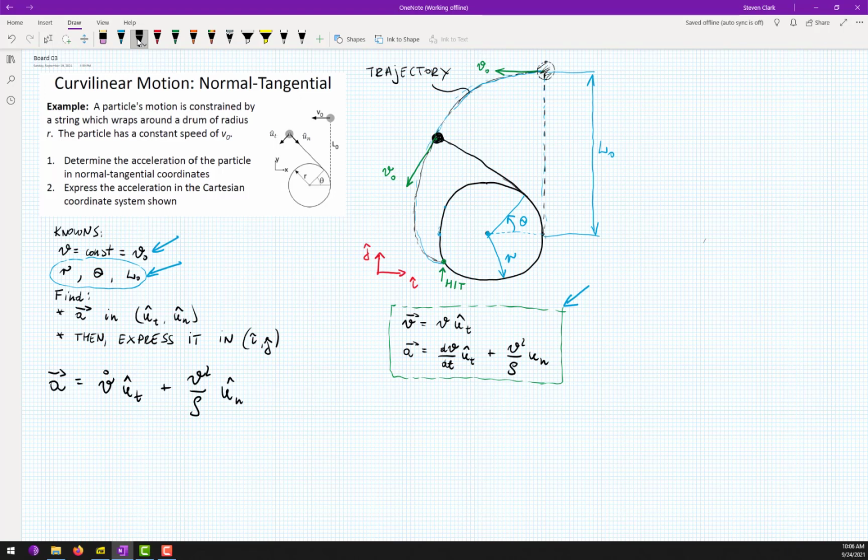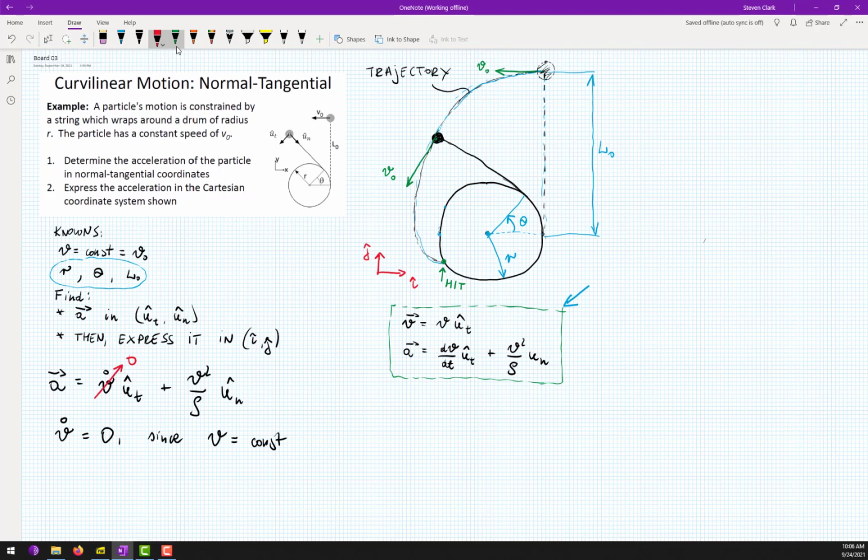Okay, guys. Question to you. What is v dot? Zero, because velocity is constant. Exactly. Great. So our expression simplified tremendously.